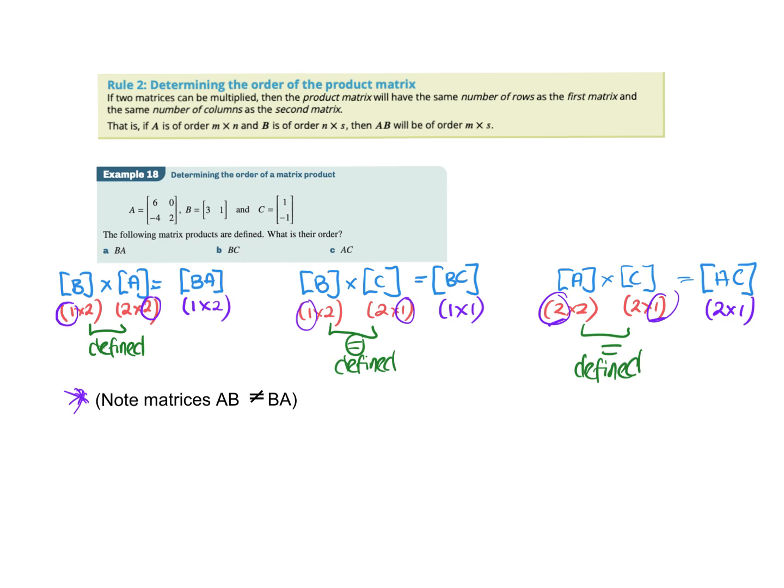Yes, but not in matrices. So the order of which one you put first is very important, and we need to be careful with that. Some may be defined, and even though you might be able to do it, it'll produce a different answer. So be really careful with that.